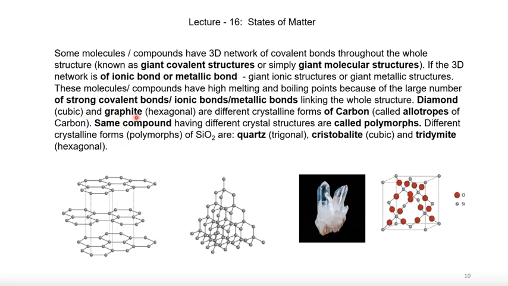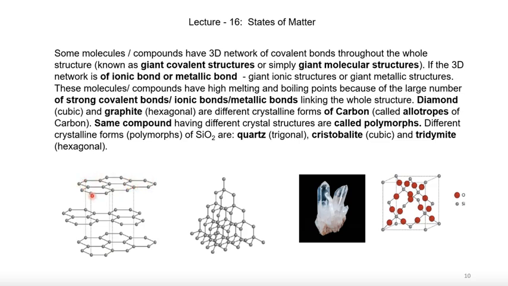Carbon has more allotropes, but we are talking about only 2. One is diamond, which is a cubic structure, and graphite is a hexagonal structure. This is the graphite structure, you see. Each carbon atom is attached to another 3 carbon atoms, forming a layer of carbon atoms here.